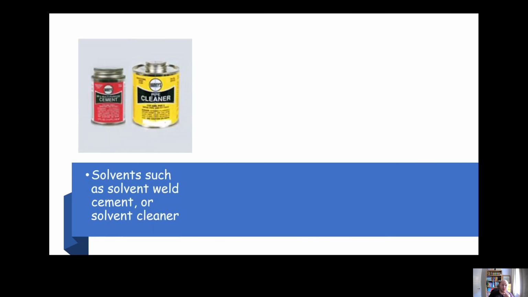Solvents, like solvent weld cement and solvent cleaner, are both things that we should make sure that we work with in a well ventilated area, because there's fumes that come off of these that can cause you to become lightheaded and dizzy.